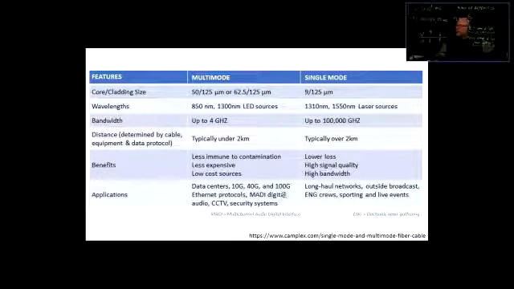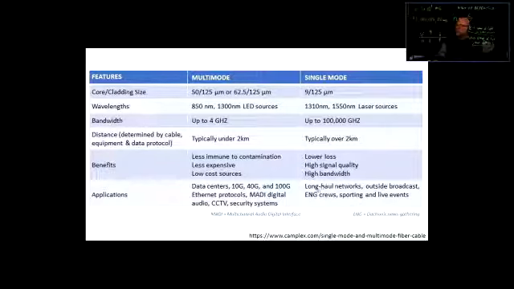So there's a difference between the digital signal transmission and the bandwidth. Ethernet protocols, MADI, which stands for multi-channel audio digital interface, digital audio, closed circuit television, and security systems are mostly used in LAN applications.